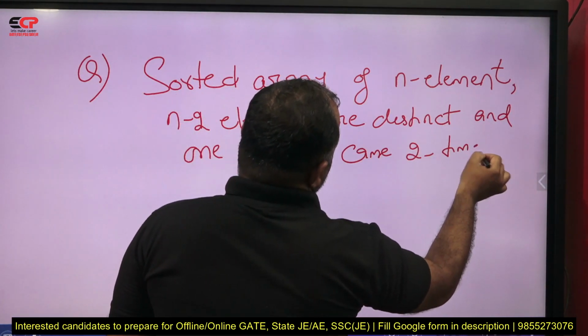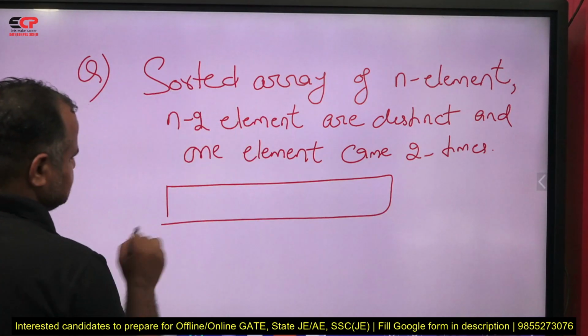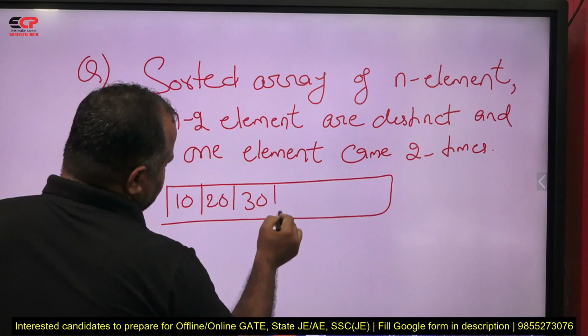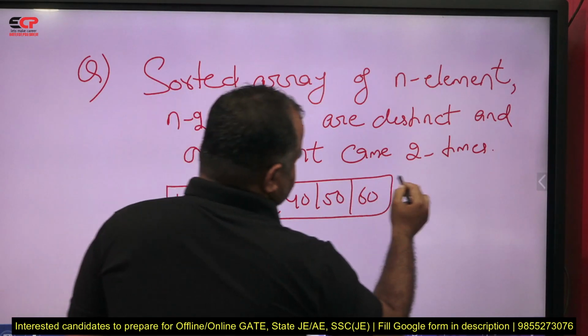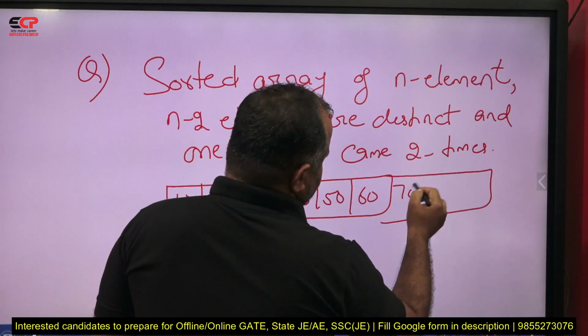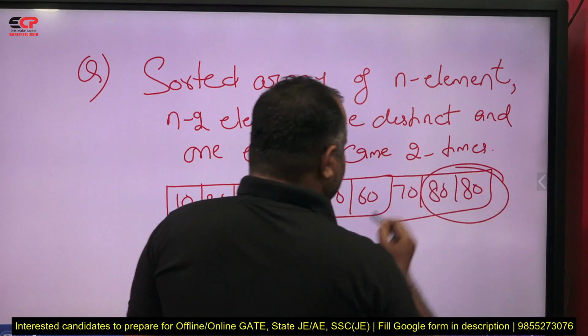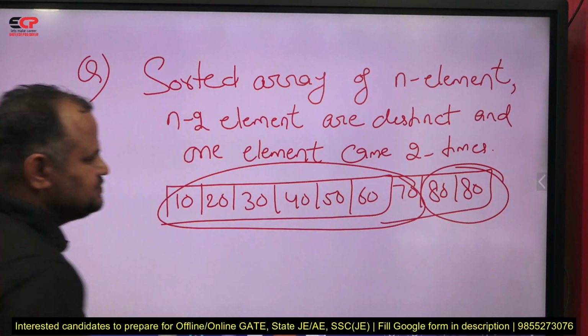So I just take an example, like I have some elements. The input is sorted, that is 10, 20, 30, 40, 50, 60, 70, 80 and 80. So it means one element came 2 times and the remaining elements are distinct and sorted.